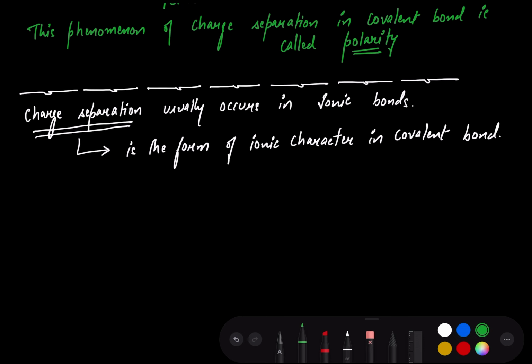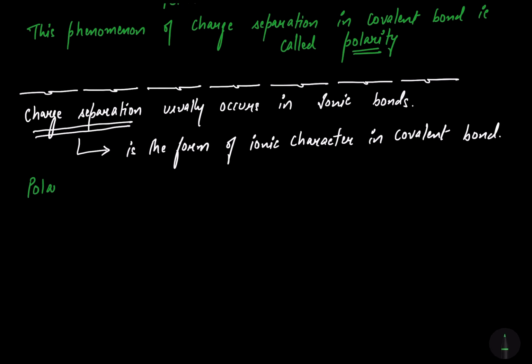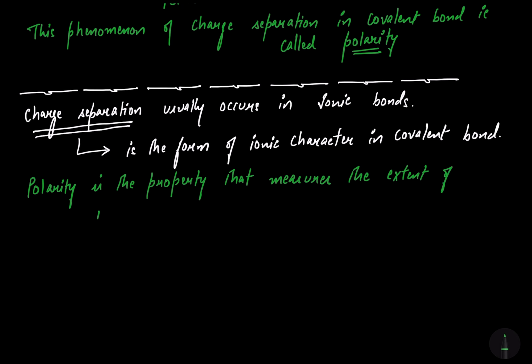So I am writing, polarity is the property that measures the extent of ionic character in covalent bond.